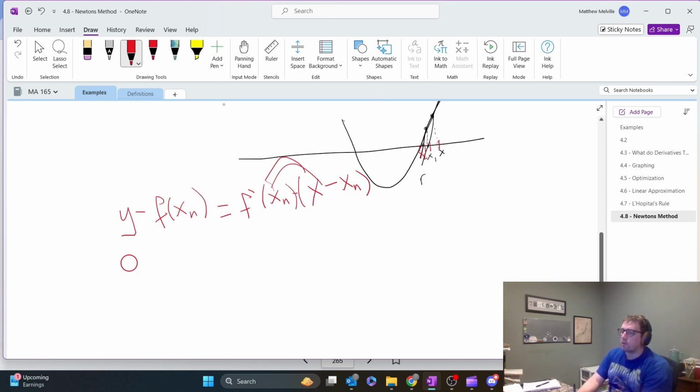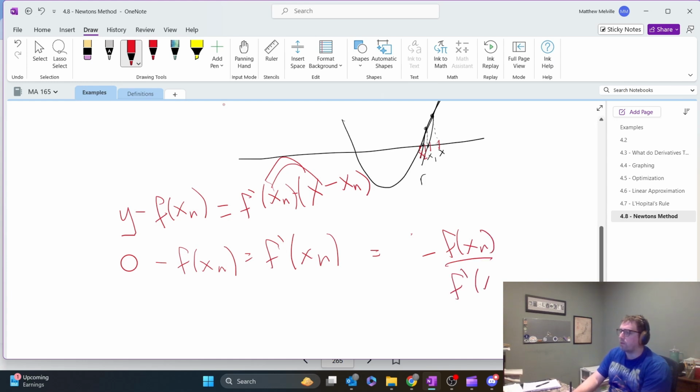Okay, so this is going to be negative f of x sub n equals f prime of x sub n times, so then I'm going to divide that over right there. So I get negative f of x sub n over f prime of x sub n equals x minus x sub n.